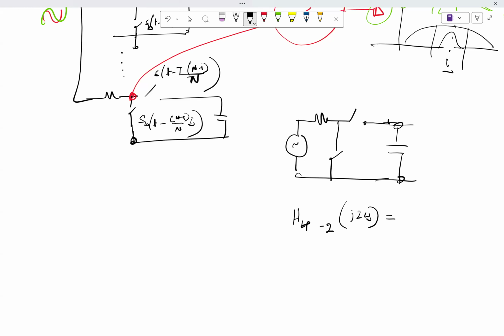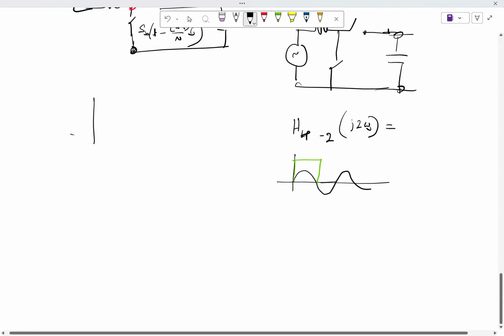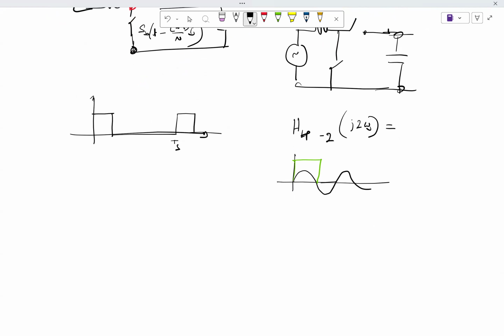If you think about it, H minus 2 j of 2 means what? If you have a sinusoid like this, you are averaging over this part of the cycle. If it is not intuitive, so this is Ts by 4.